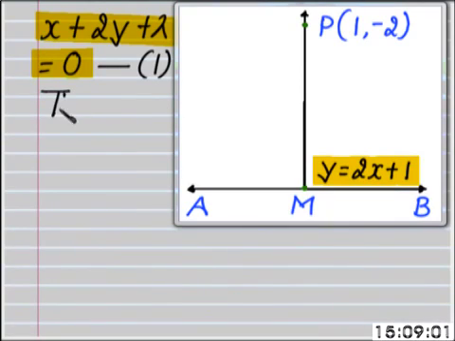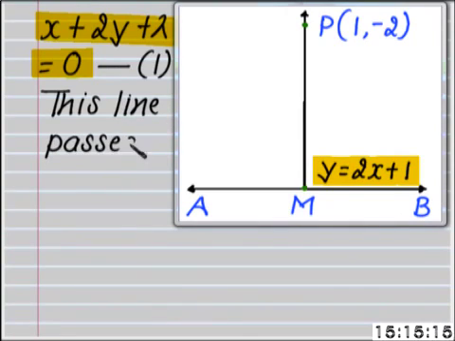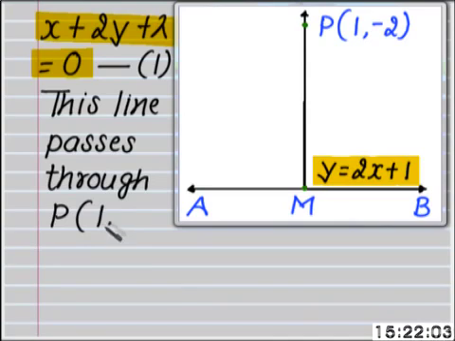This line passes through the point P with coordinates 1, minus 2.